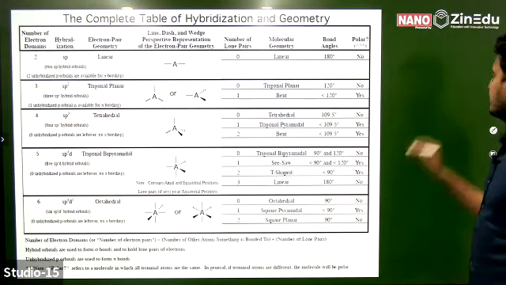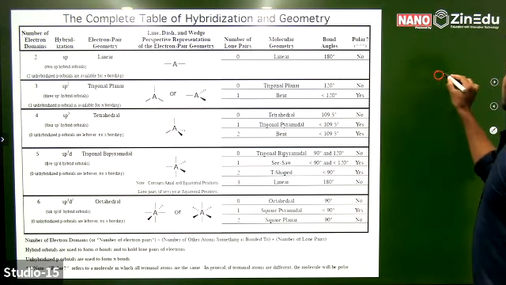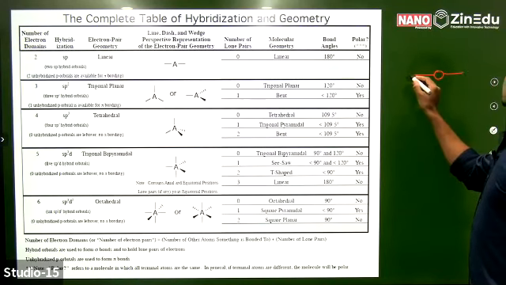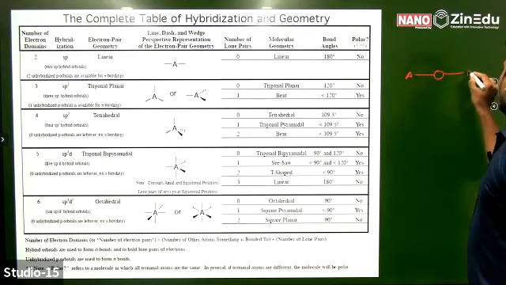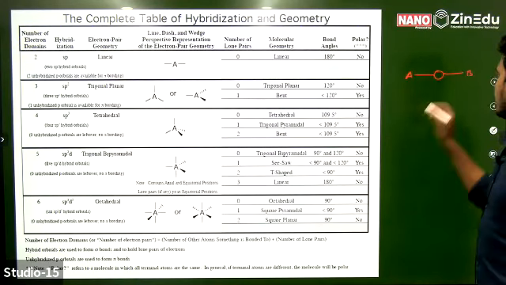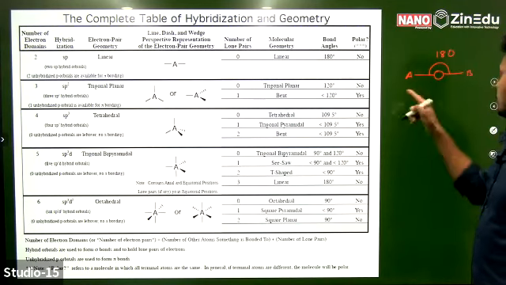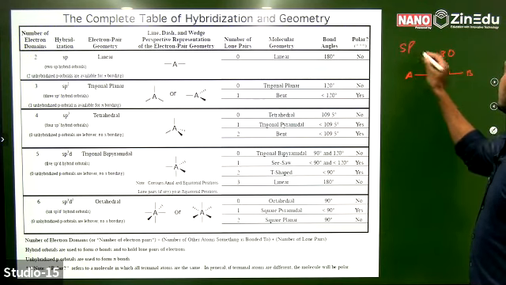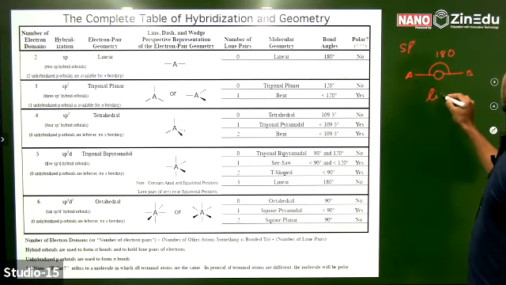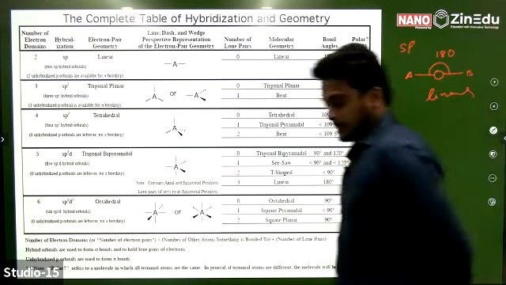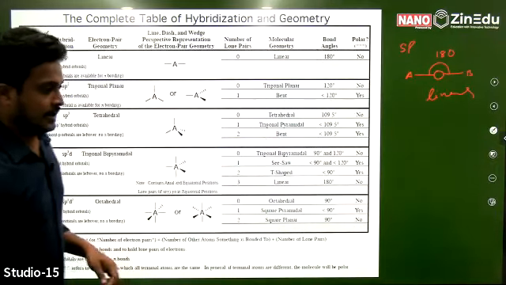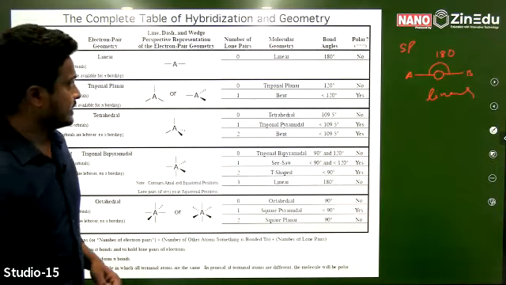For example, if you are taking this as the central atom, and these two are surrounding atoms, I am taking A and B. The bond angle between A and B is 180. Geometry of sp hybridization is linear, bond angle is 180 degrees.